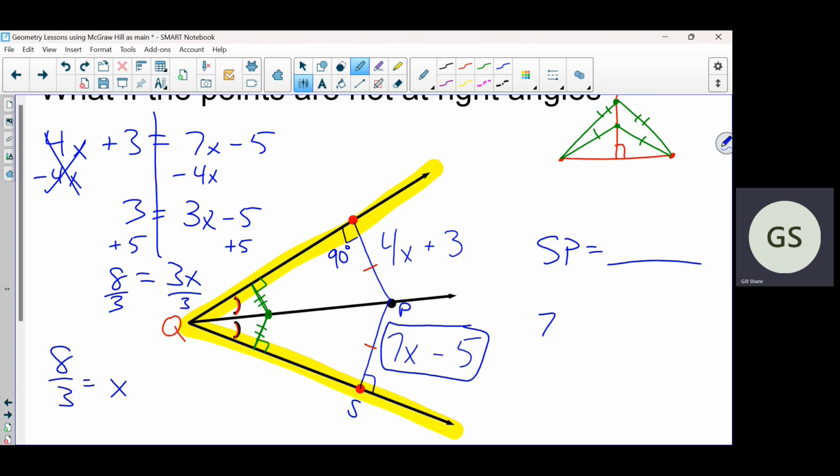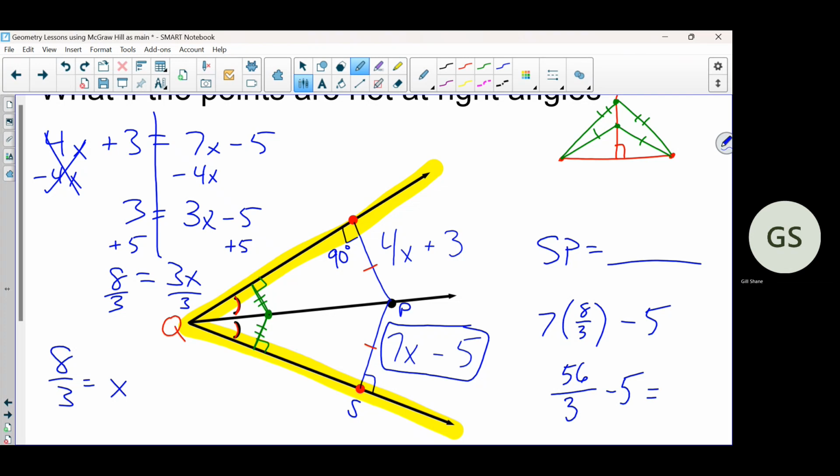So 7 times, put a parentheses there. This means times if you don't understand what I'm doing. A number next to a number, if you have parentheses around one of them, means multiplication. So then subtract 5. So I'm going to do it the long, old-fashioned way. So 56/3 subtract 5 equals 28 2/3 subtract 5. So what's that? 23. Something like that, I think maybe.